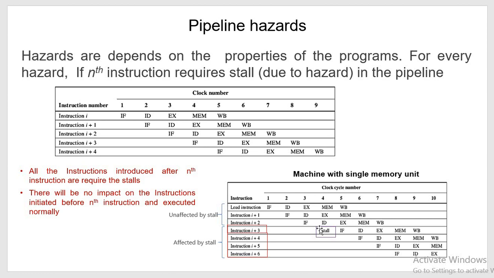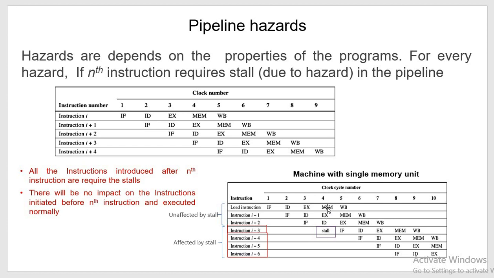But here, due to the pipelining structure, the need of the data path is to read the data for two parallel instructions within the same cycle. So in this problem only one single resource is there, and two different instructions want to access this single resource within the same cycle.